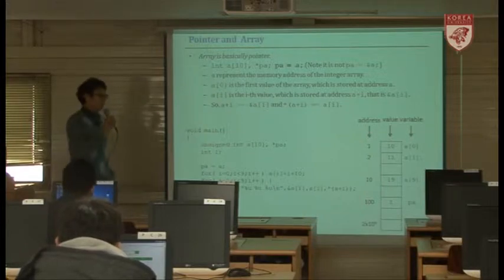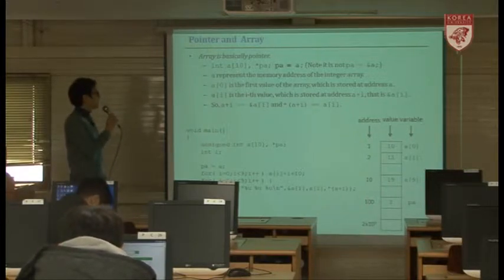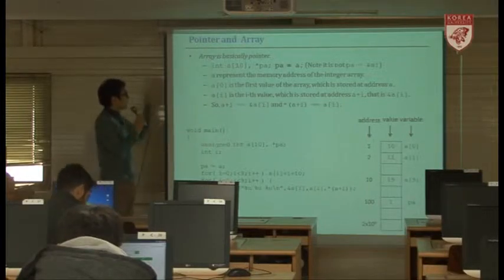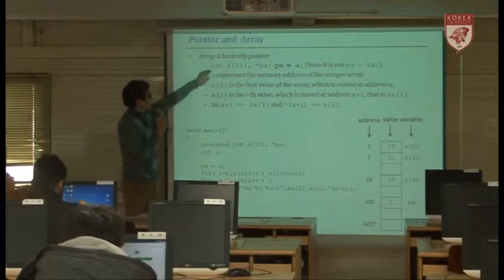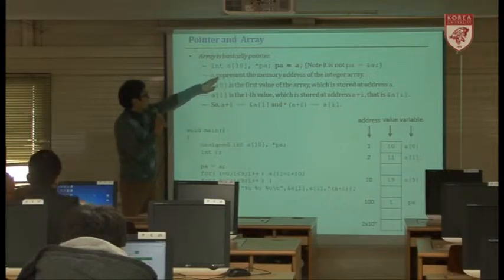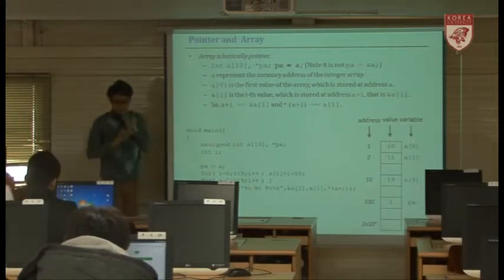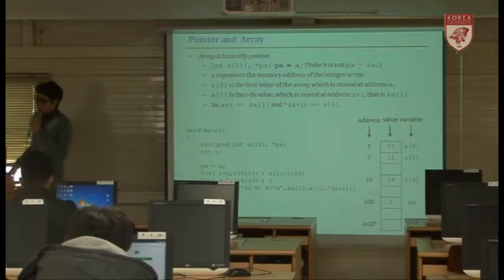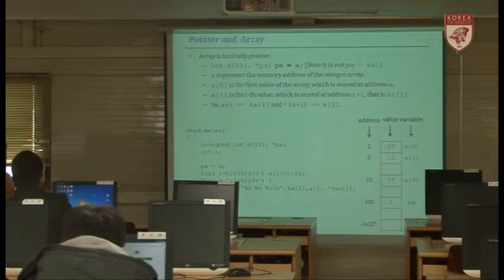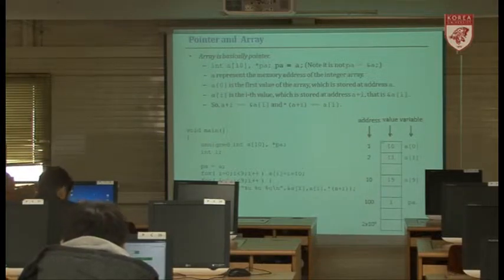Let me briefly review the relation between pointer and array. Usually when we declare an array int A[10] like this, in the memory space we reserve 10 spaces for the integer variable.